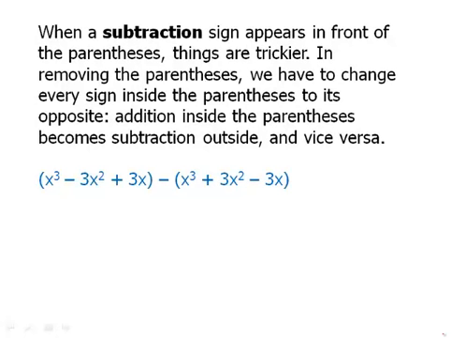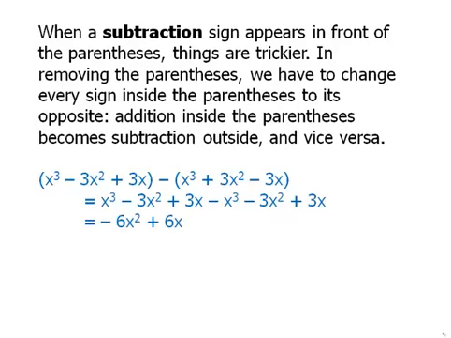But for the second parentheses, when we remove them, the addition of 3x squared inside becomes subtraction outside, and the subtraction of 3x becomes addition outside. Those two change to their opposites. Once we have that, we can simplify, and it simplifies to this.